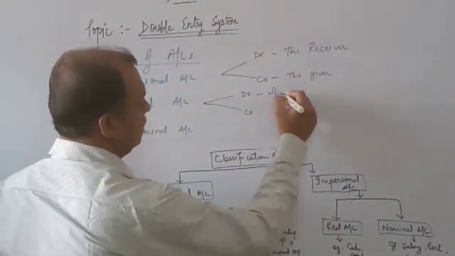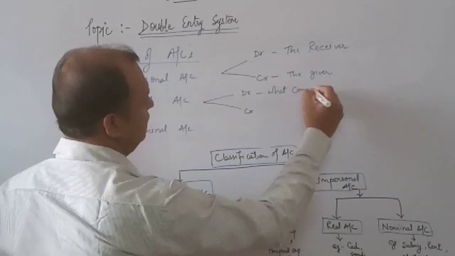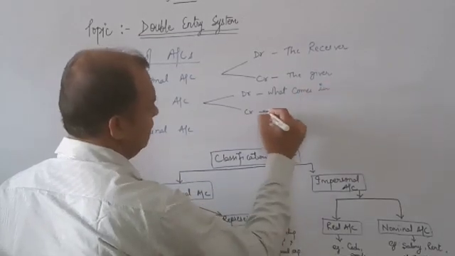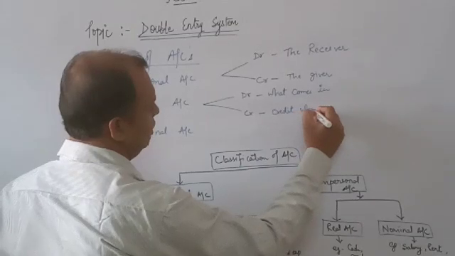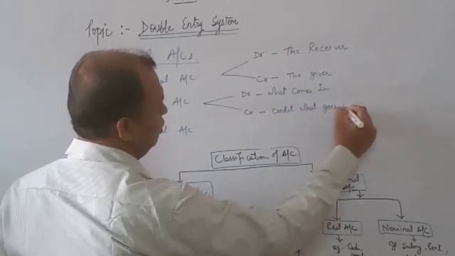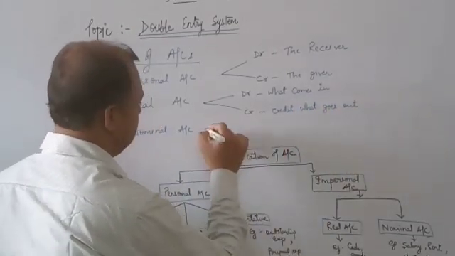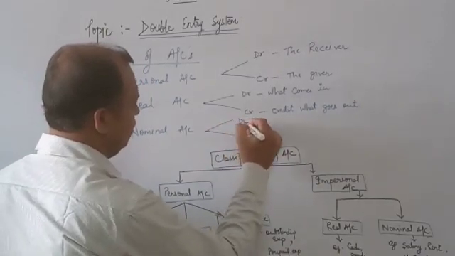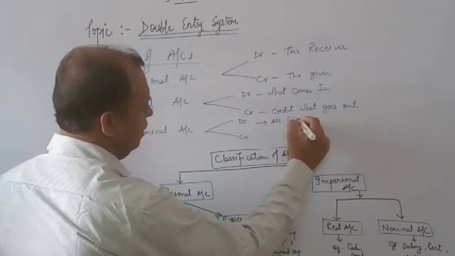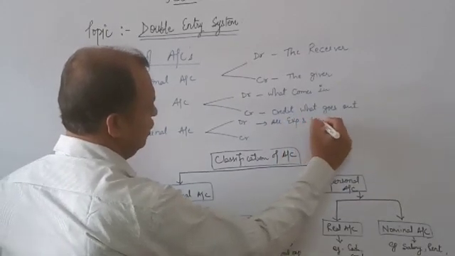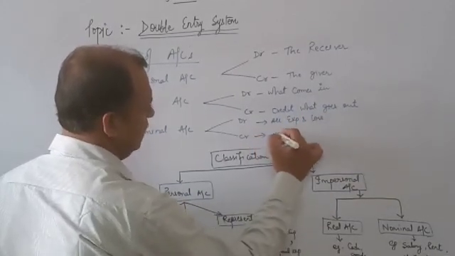Debit what comes in, credit what goes out. Whereas rule of nominal account, again debit and credit, says debit all expenses and losses, credit all gains and income.